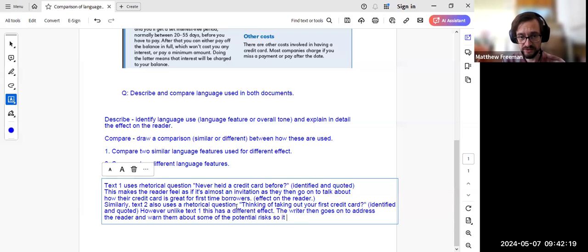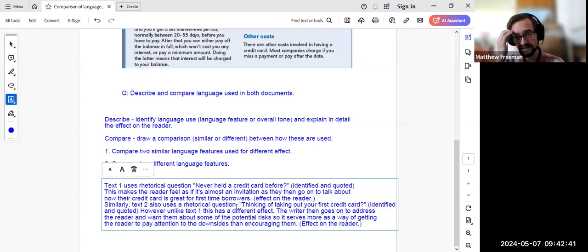So it serves more as a way of getting the reader to pay attention to the downsides than encouraging them. And there we have our effect on the reader.